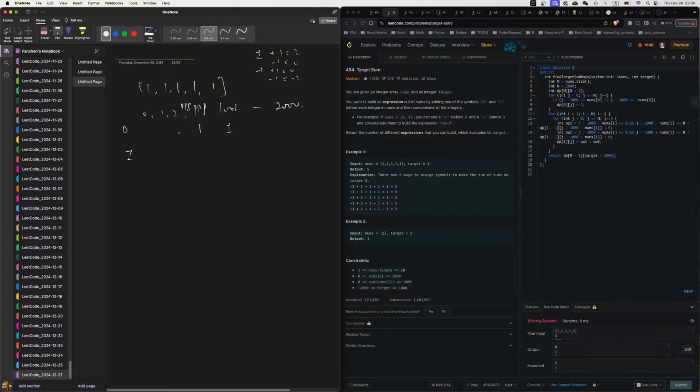So what you mean is we need to remove this, and then this, also remove this.